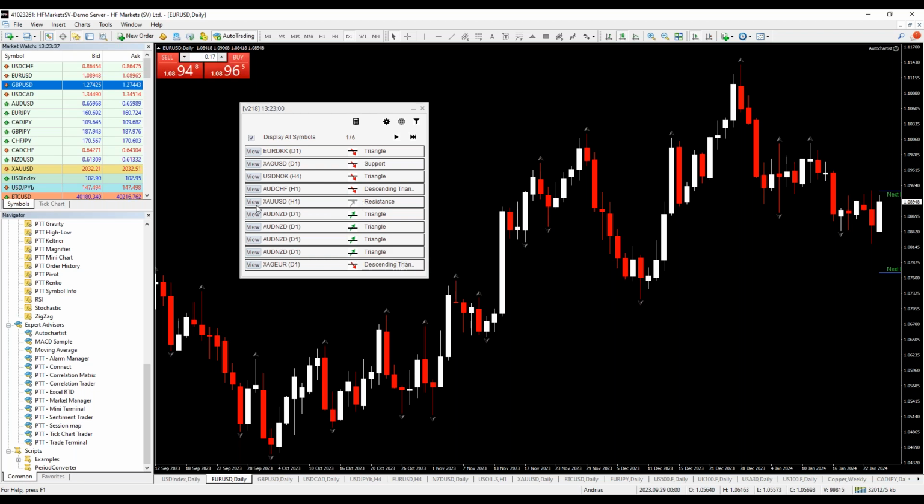Gray means that it might have finished, it might be completed. Red stands for bearish signal, green stands for bullish signal, but they are still on. They're still active trading opportunities. They are not expired.